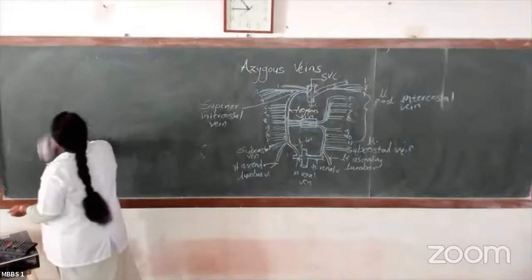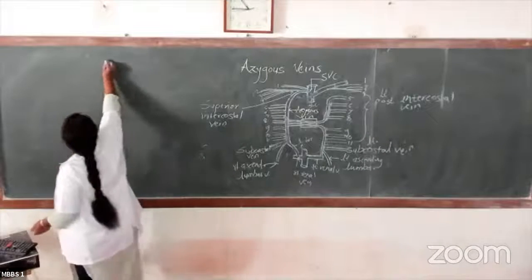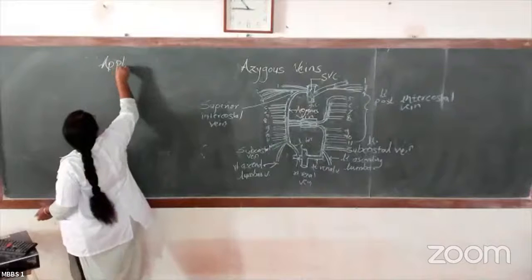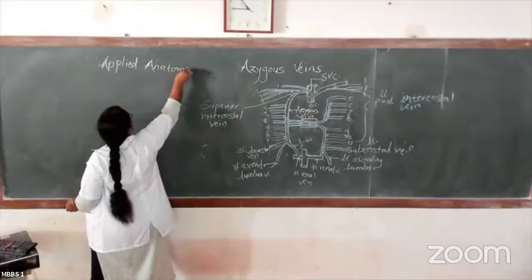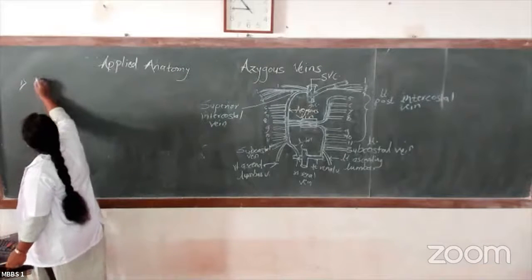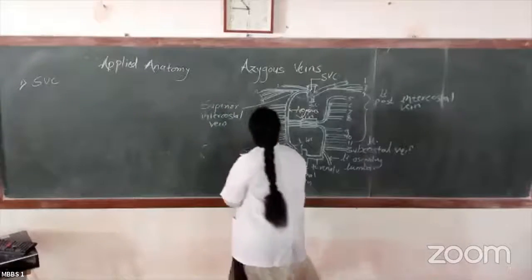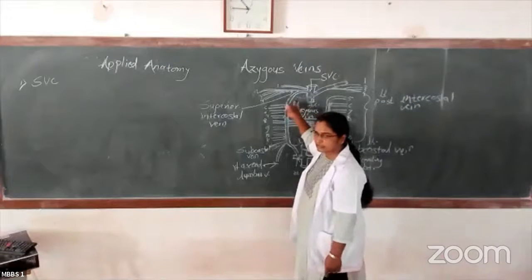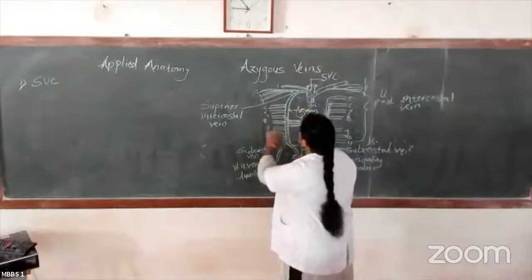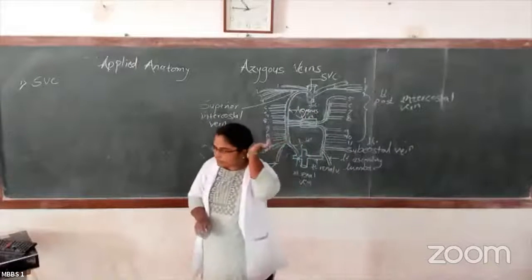Now we see the last part, that is the applied anatomy. First, whenever the superior vena cava is obstructed above the opening of this azygous vein, then the venous blood is returned to which atrium?